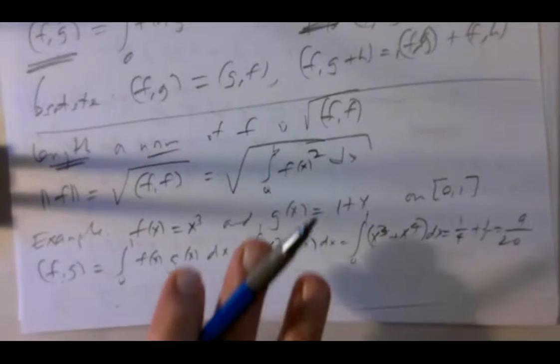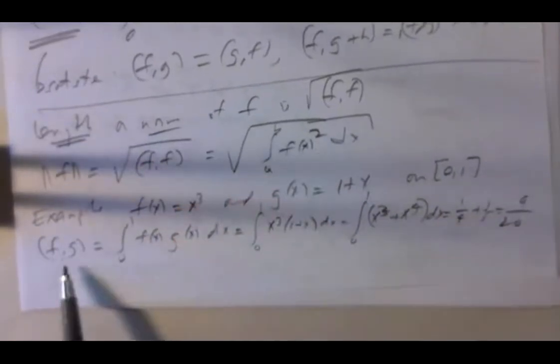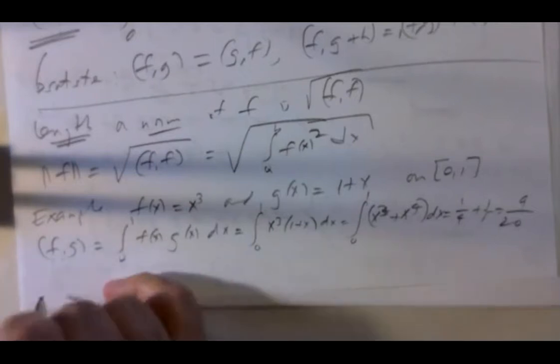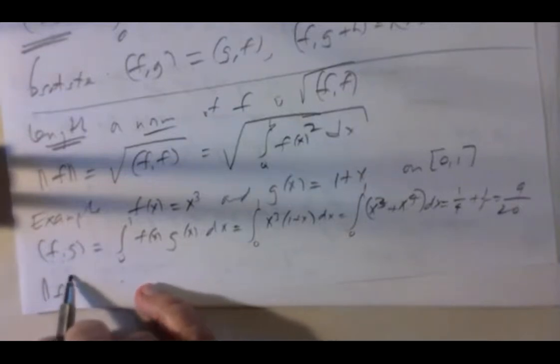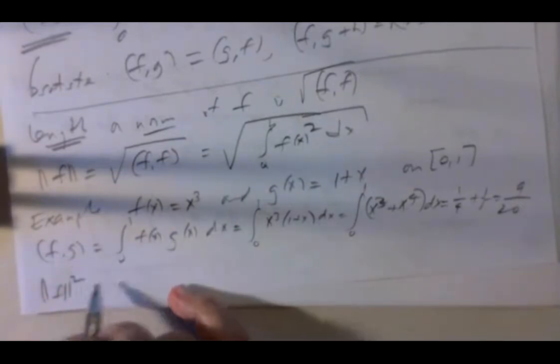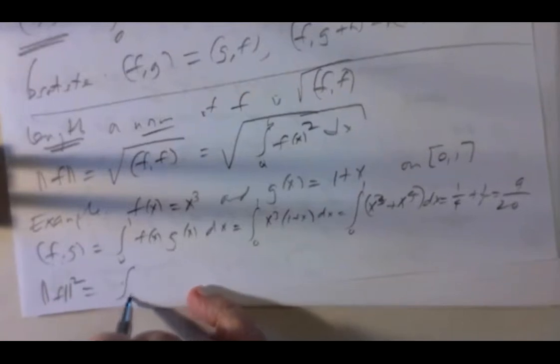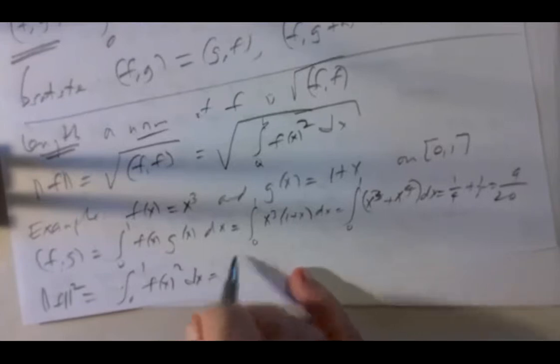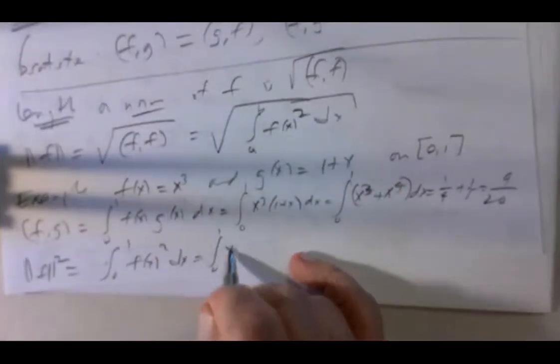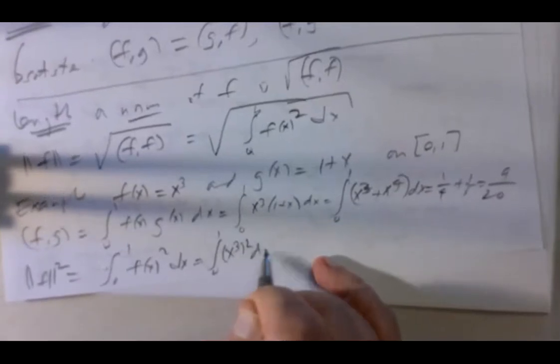So the inner product of these two functions is 9 over 20. And the length of the function f, well, the length squared is the integral from 0 to 1 of f of x squared dx. That's the integral from 0 to 1 of x cubed squared dx.